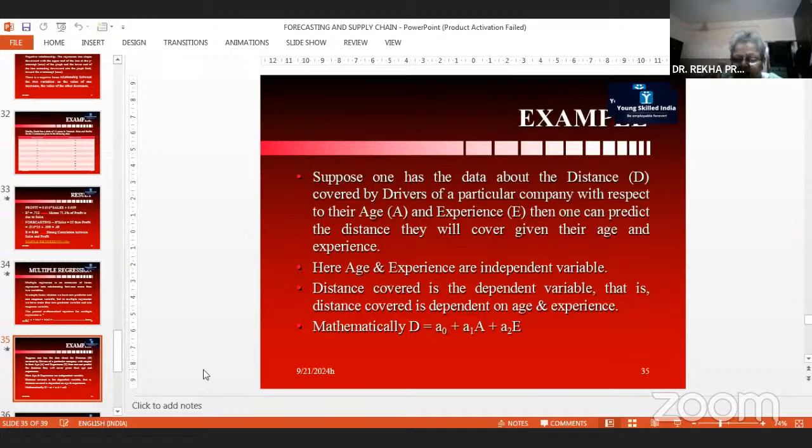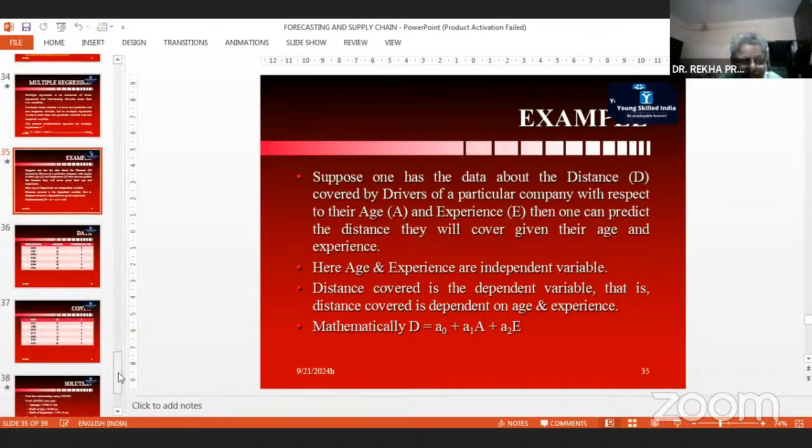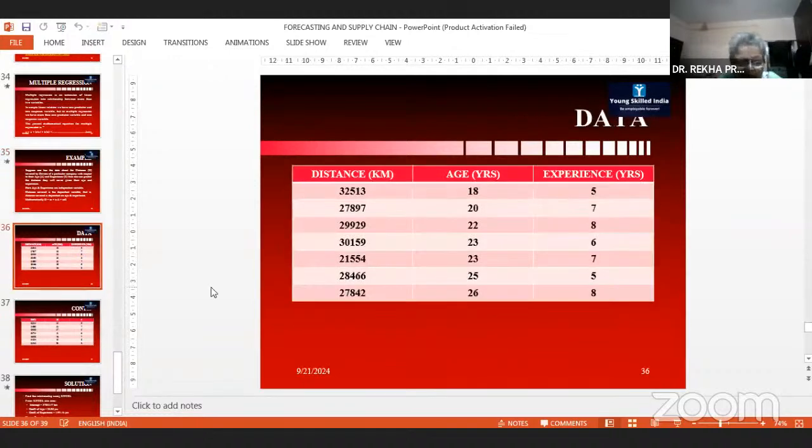Here, age and experience are independent variables. Distance covered is the dependent variable. That is, distance covered is dependent on age and experience. So mathematically, I can write D = A0 + A1A + A2E, where A0 is the intercept, A is for age and E is for experience. So this is the data given to me. It is in two parts.